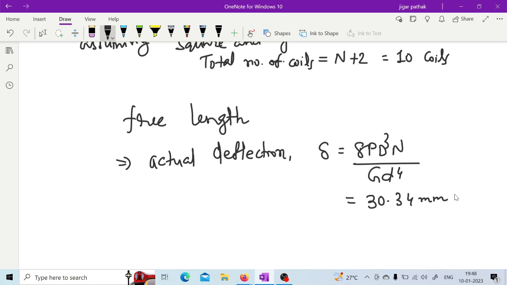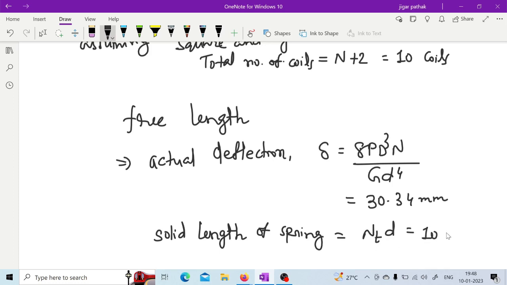Now, what will be the solid length of the spring? We have seen that relation, right? You know, NT into d. Yes, sir. So solid length of spring is equal to NT into d.